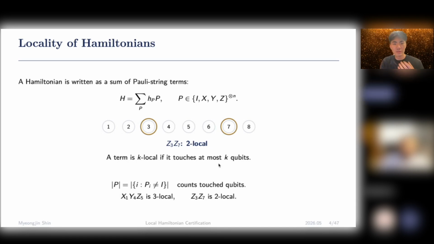So we can define the locality of the Hamiltonians like this. And we are going to look at local Hamiltonians, which means that the locality of the Hamiltonian is constant. So we should remember that in this talk, we are going to look at Hamiltonians whose locality is constant.